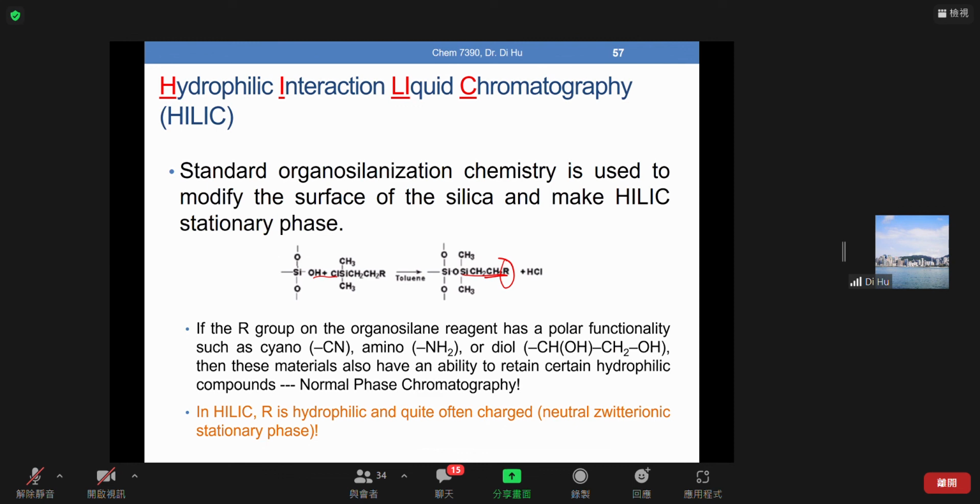The functional group R is hydrophilic and quite often even charged. It can be negatively charged, positively charged, or a neutral zwitterionic stationary phase, which means both positive and negative charges are put together to be neutral.